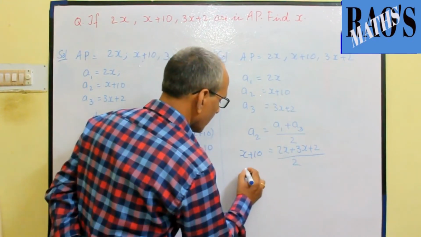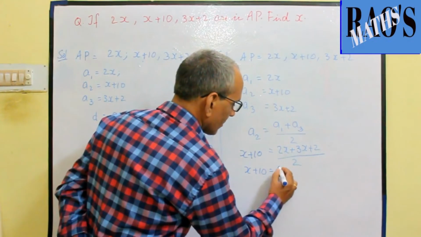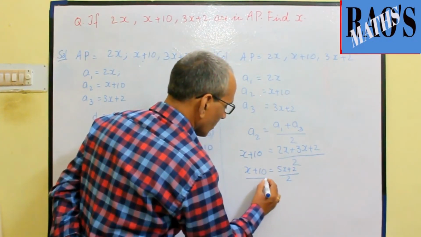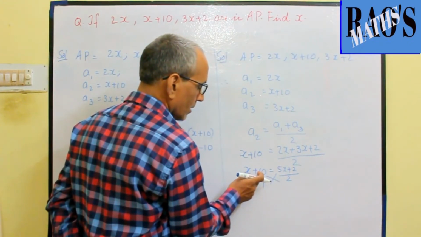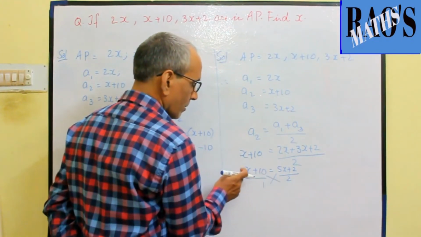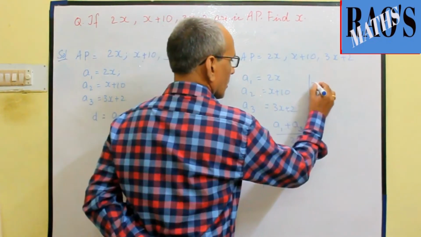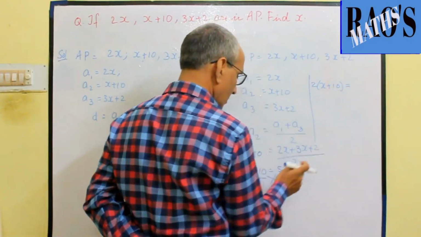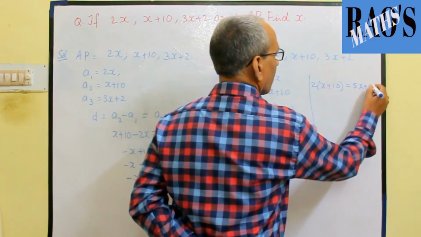So x plus 10 is equal to 5x plus 2 by 2. When I go for cross product, 2 times x plus 10 is 5x plus 2.